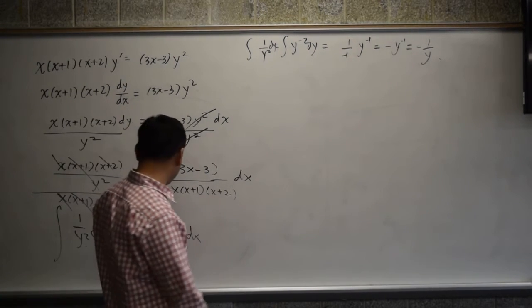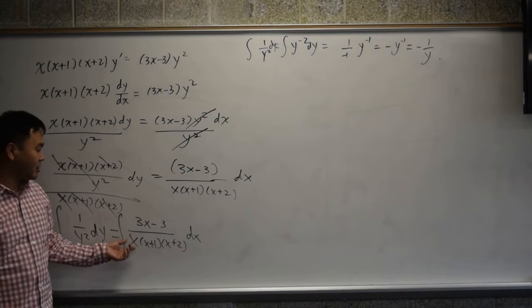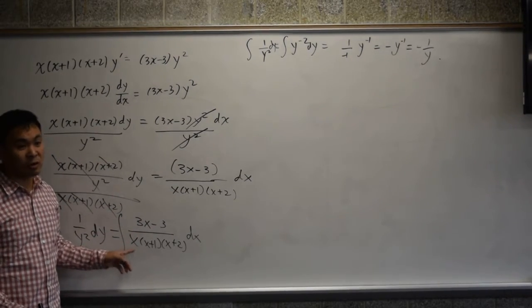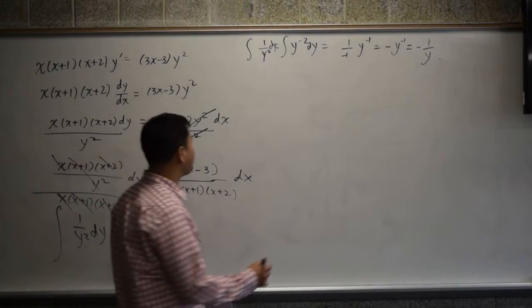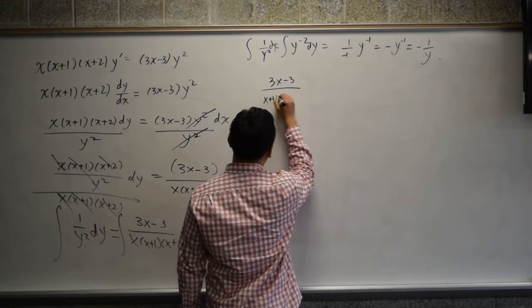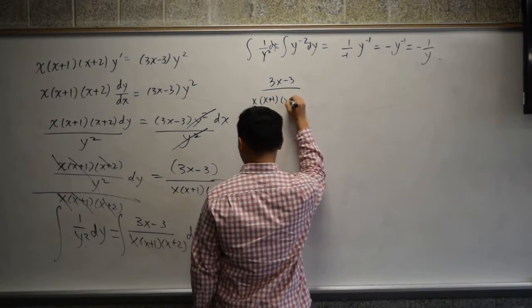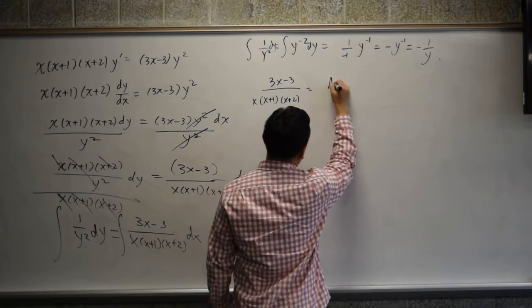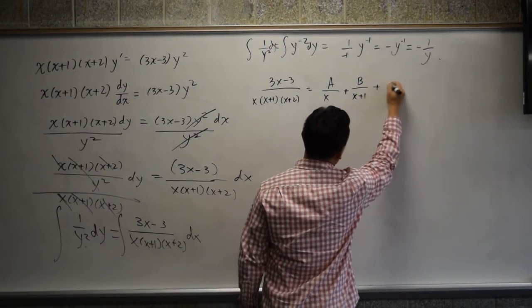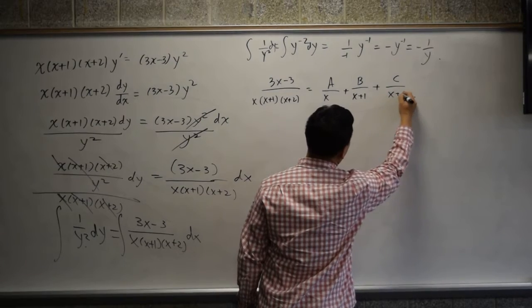On the right side, this is something that you can't integrate immediately. You need to do partial fraction expansion. So let's do the partial fraction expansion. (3x minus 3) over x times (x plus 1)(x plus 2). So that means A over x, B over x plus 1, C over x plus 2.